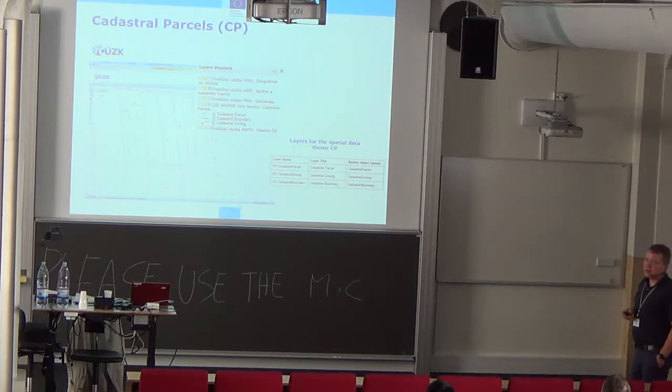There are a lot of such examples already from some member states, not only from the Czech Republic. However, there are still a lot of cadastral parcels provided in national models, so not harmonized with Inspire. And I think I mentioned this morning that from this Czech Geoportal, from their national mapping cadastral agency, you can also find cadastral parcels in their own national model.